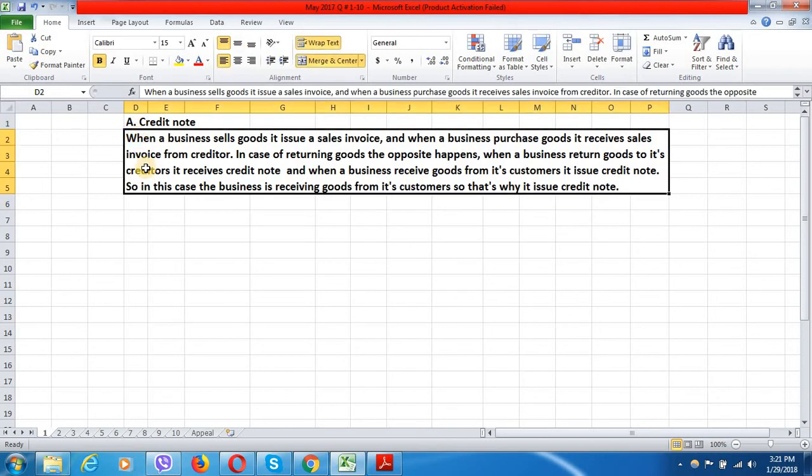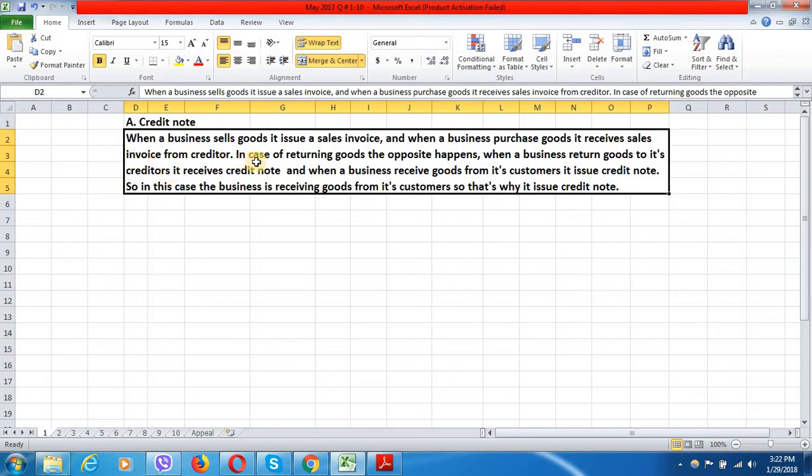Credit note. When a business sells goods, it issues a sales invoice, and when a business purchases goods, it receives a sales invoice from creditors or suppliers. In case of returning goods, the opposite happens. When a business returns goods to its creditors or suppliers, it receives a credit note.